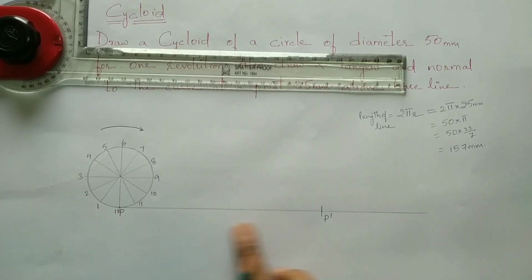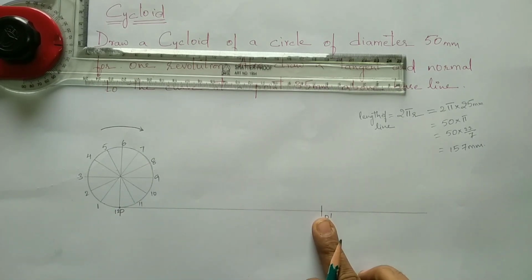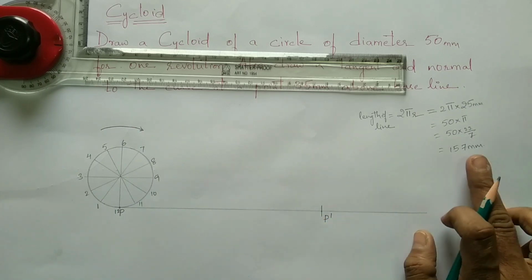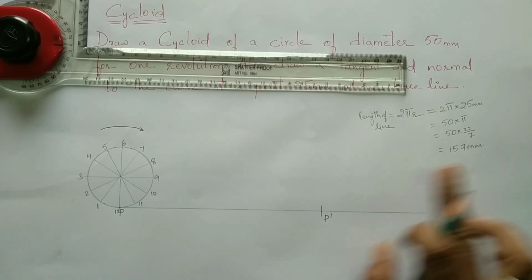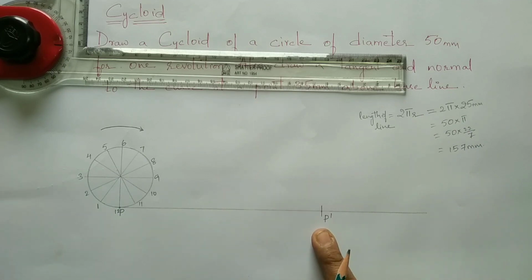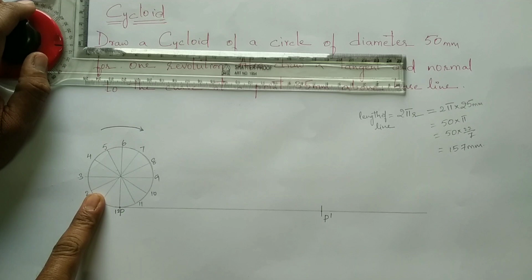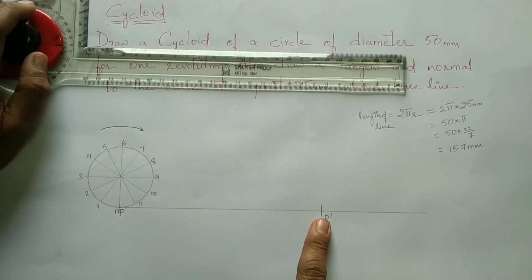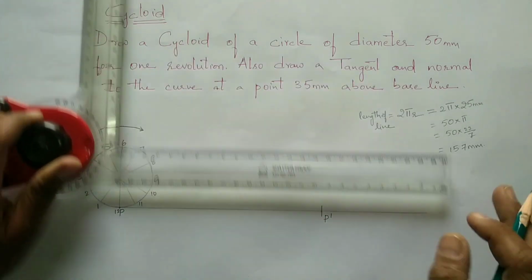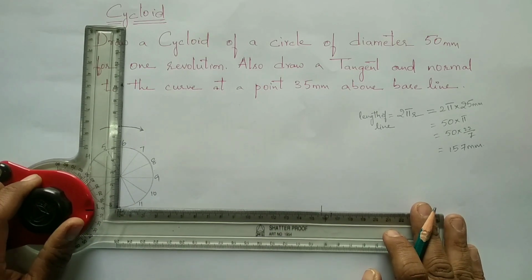Now you have to divide this circumference, which we found to be around 157 mm, into 12 equal parts. How many parts we have divided the circle into, the same number of parts we need to divide the line into.